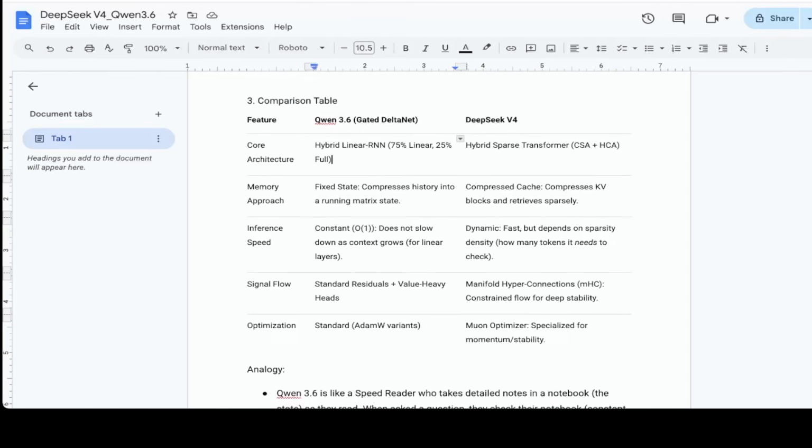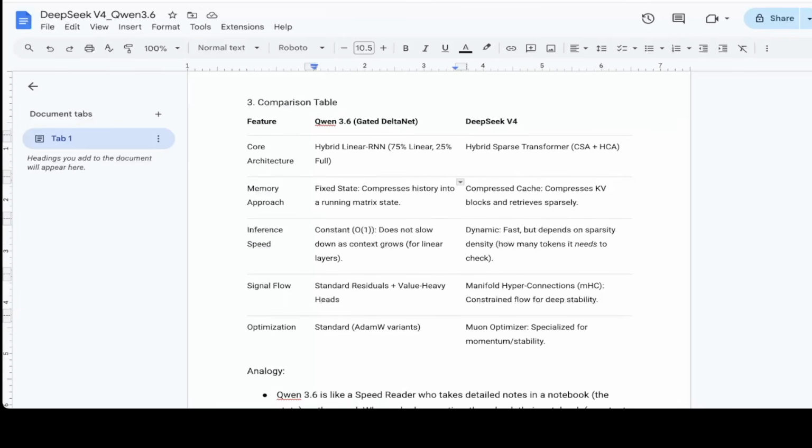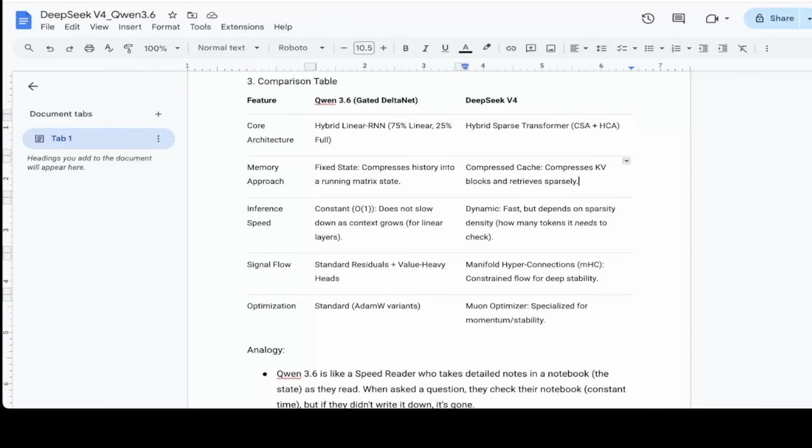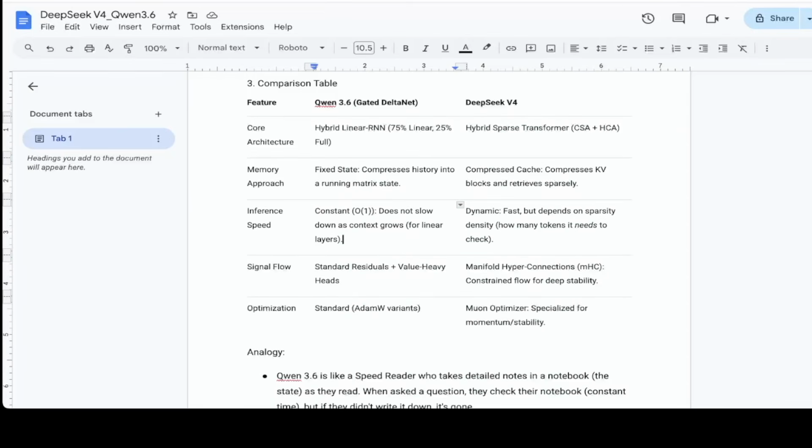For the memory approach, Qwen3.6 uses a fixed state, compressing history into a running matrix state, as we saw earlier, and DeepSeek V4 uses compressed KV blocks and retrieves sparsely. And for inference speed, because it's linear, it's always constant O(1) and does not slow down as context grows, but loses information. If you look at DeepSeek V4, it's fast, but depends on sparsity density.